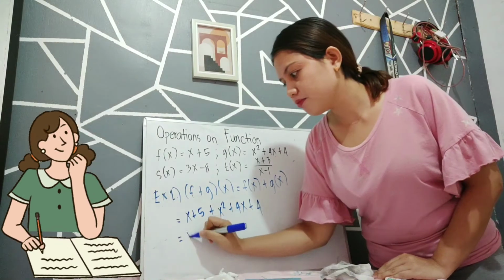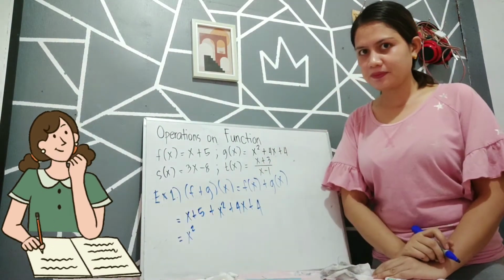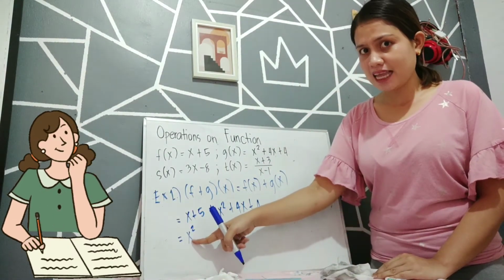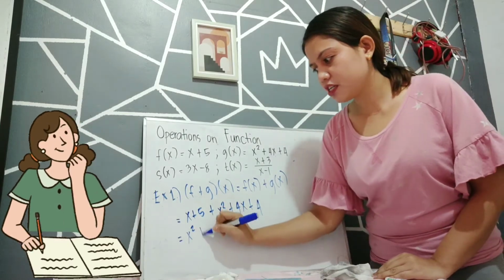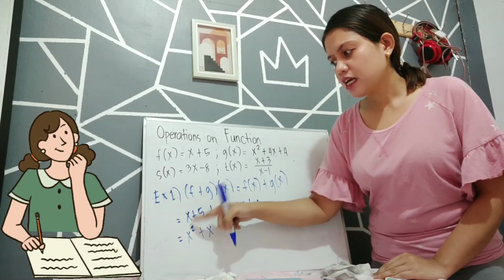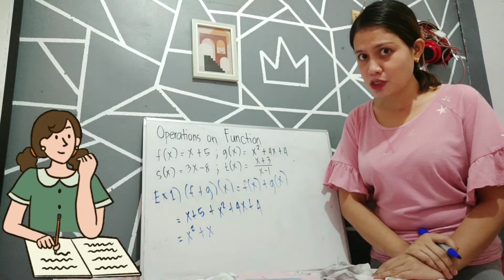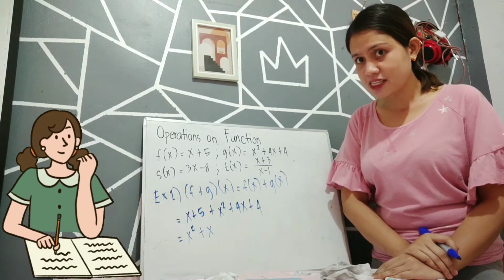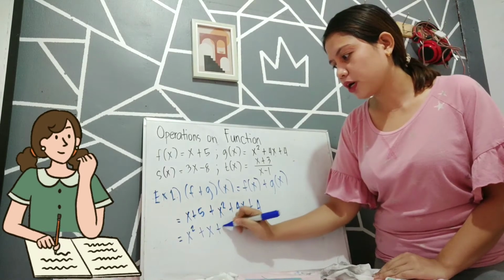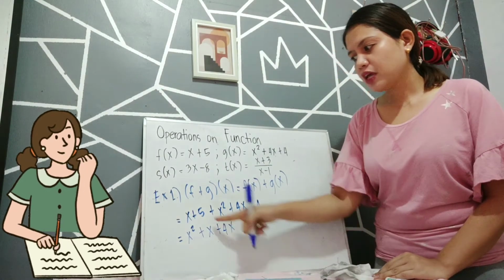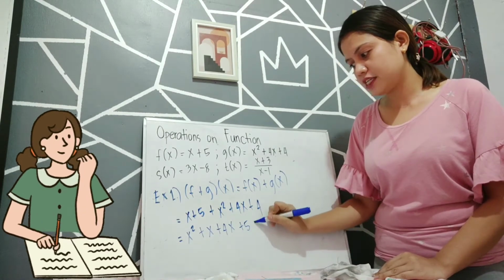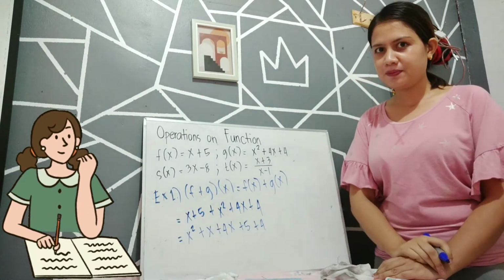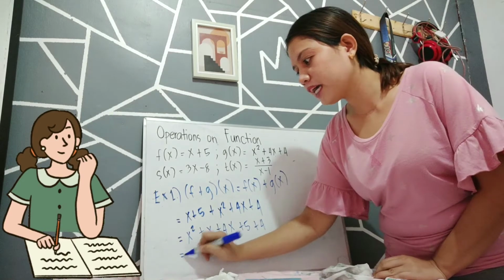So we have x squared. Can we see another x squared? No. Next is x. You copy x. Can you see any terms with variable x? Yes, we have 4x. Then our constants, so we have 5 plus 4. Then you combine or simplify.